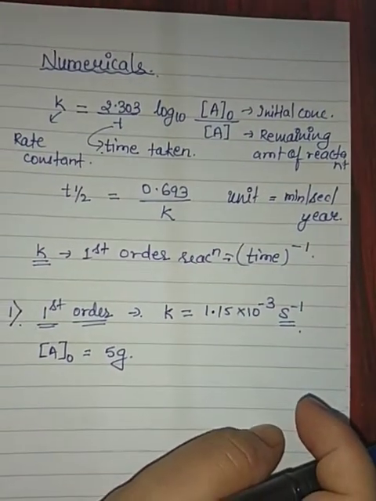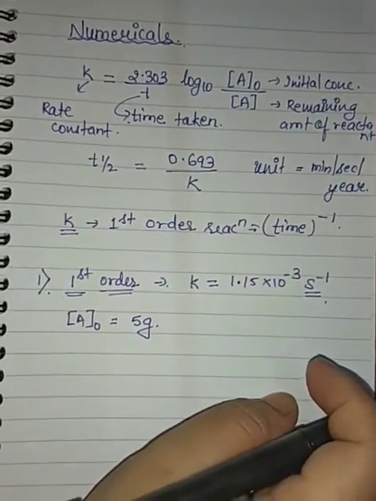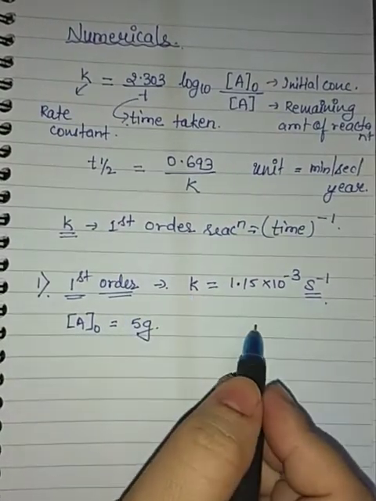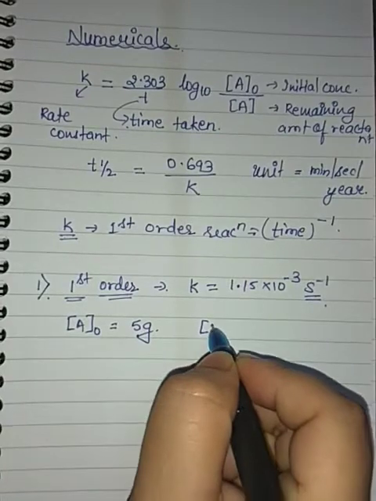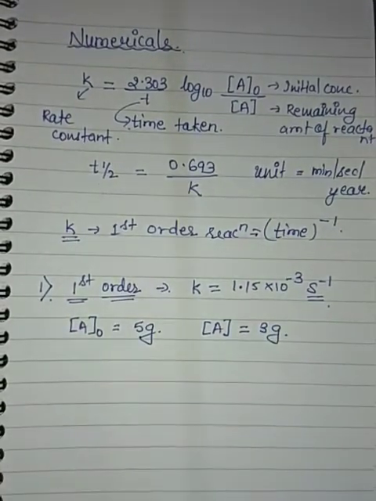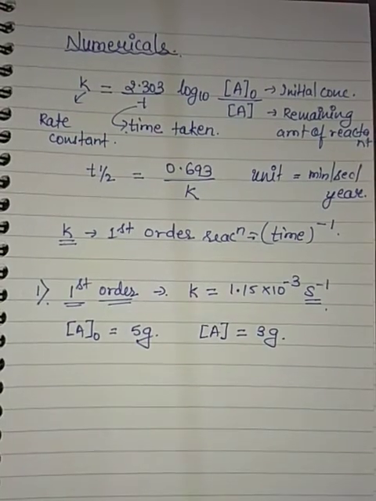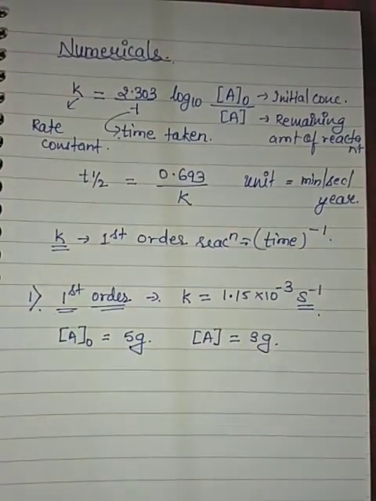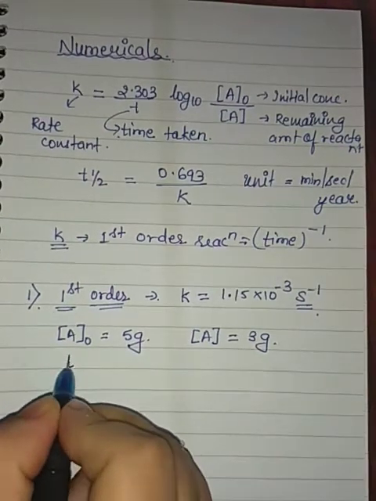Reduce to 3 grams means the initial amount 5 grams reduces to 3 grams, so the final amount is 3 grams. How much is reduced? 2 grams are reduced and 5 grams becomes 3 grams. How long will it take?